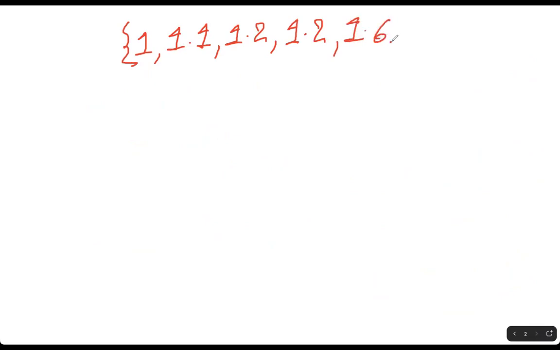After I add one more point, 1.8, my new observations are 1, 1.1, 1.2, 1.2, 1.6, 1.8, 1.8, 2.1. So this is my new observation.